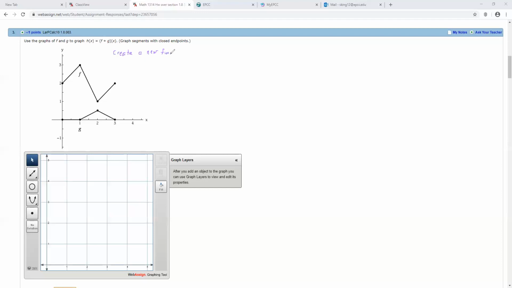In a couple questions later on this assignment, they will give us what f of x is in terms of an equation and what g of x is in terms of an equation. And then they'll ask us to create a new function by performing some mathematical operation.